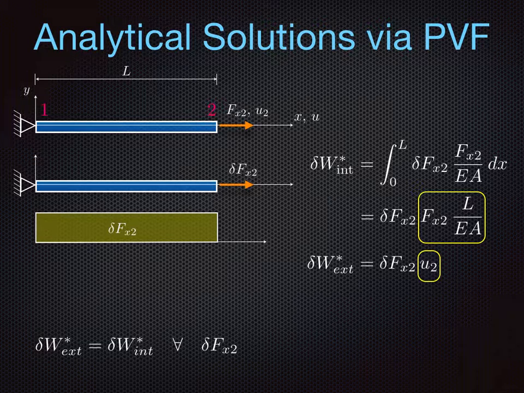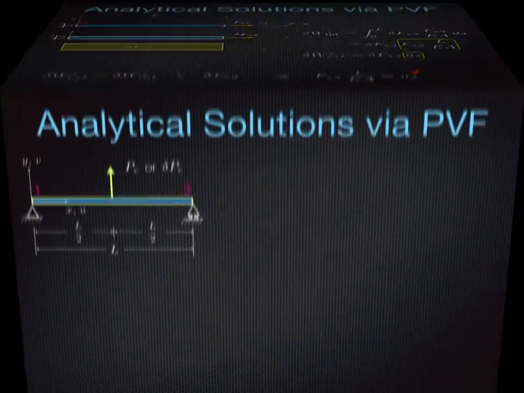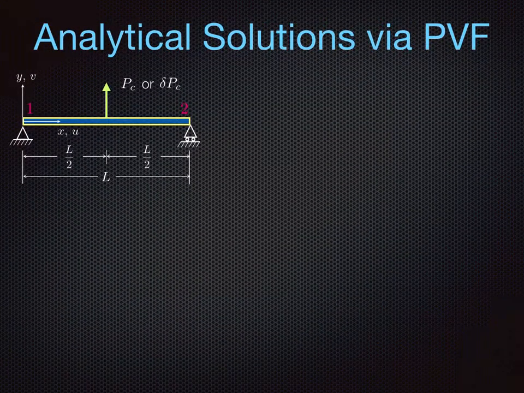This means that the relationships in the yellow boxes must be equal to each other, which then tells us that u2 must be equal to simply F sub x2 times L over EA. A result that we very well know, obviously, but this simple example demonstrates that the principle of virtual forces does work. Let's take a look at a little bit more elaborate example.